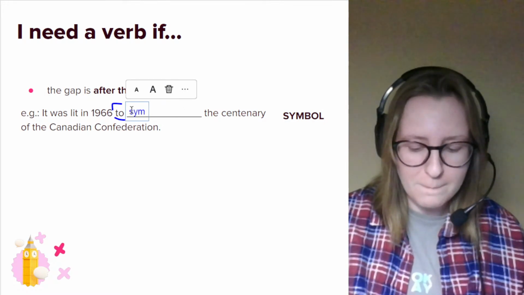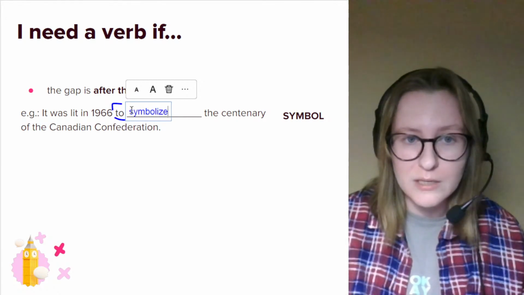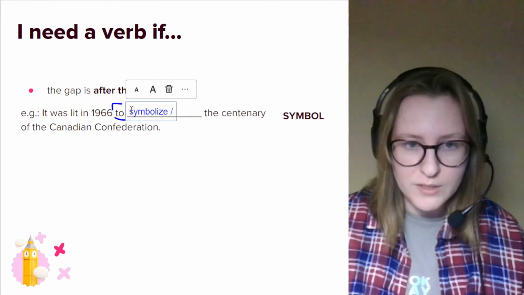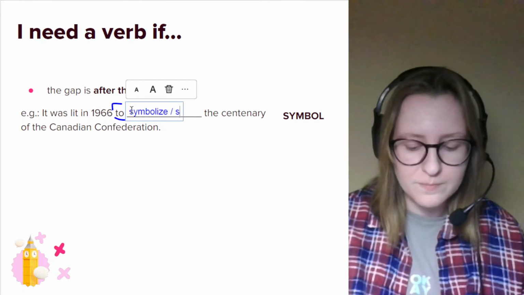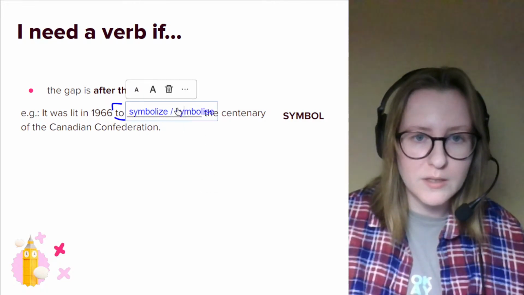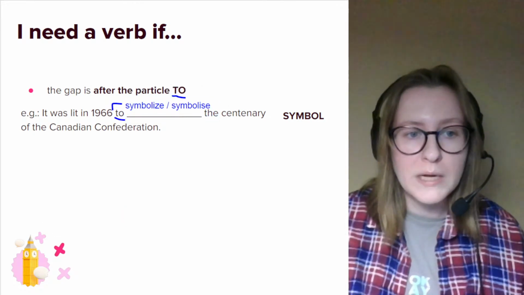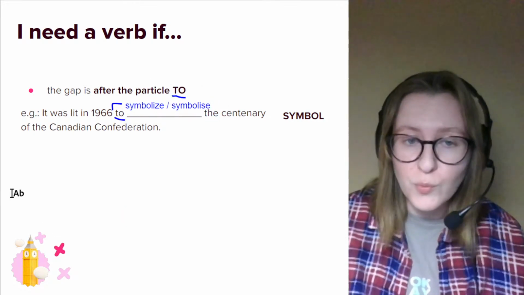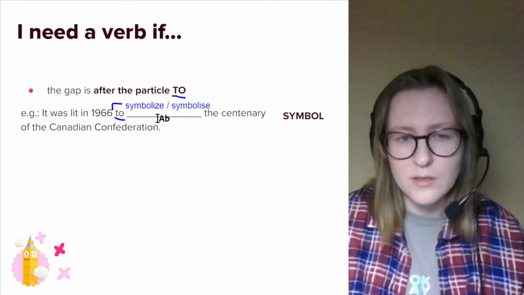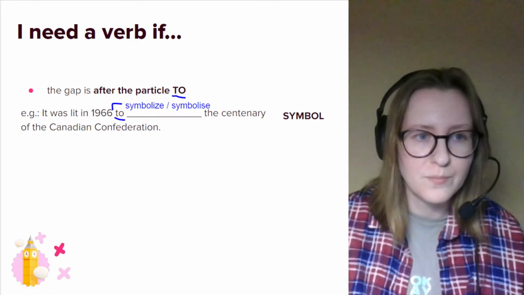To symbolize. Right? And again, symbolize can be with I-Z-E or it can be with I-S-E. Both will be accepted by the computer because, again, one is British, the other one American, with Z, an American version, and with S, the British version.